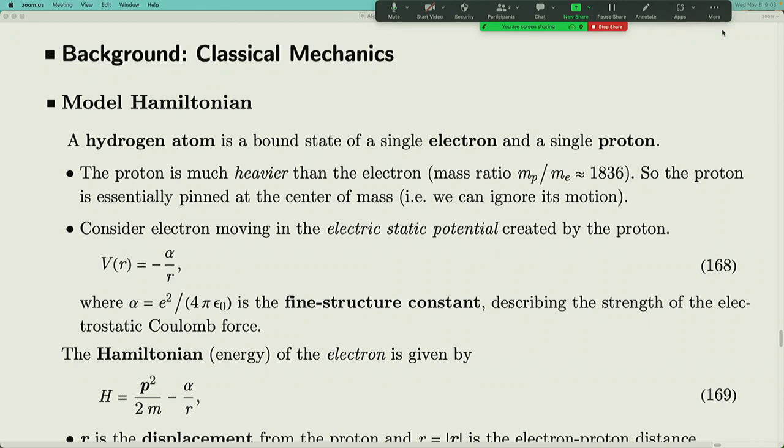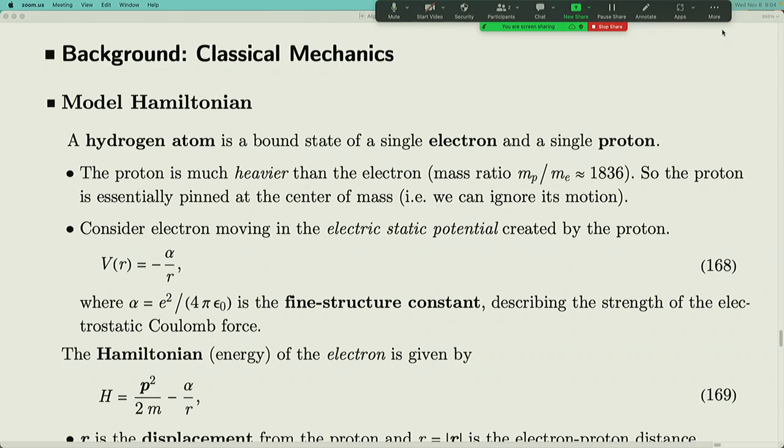So we can almost view the proton as always at the center of mass, and the electron moving surrounding it. It is also the same case when you have a planet orbiting around the sun, for example. That's basically the same physics. And this corresponding orbit is also called a Kepler orbit, because it started from these celestial motions.